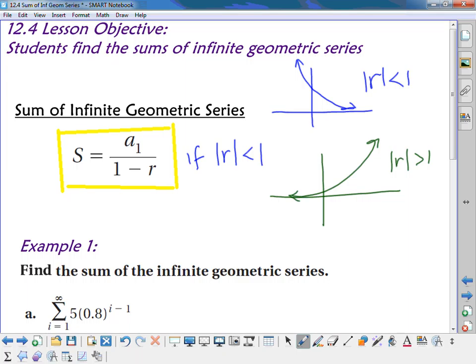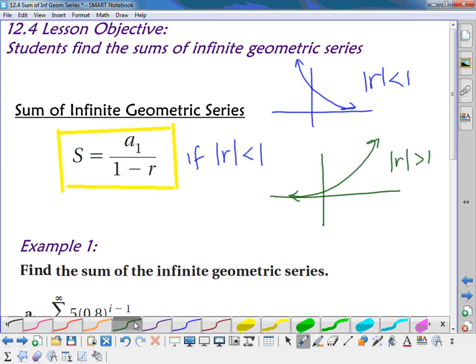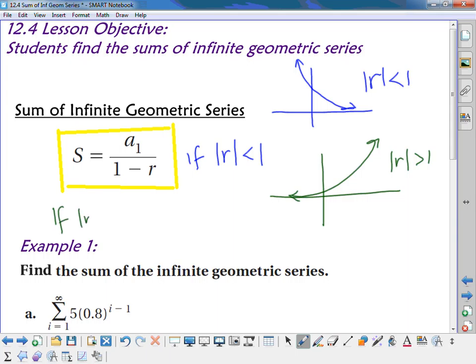If the absolute value of r is greater than 1 and it's going towards infinity, getting bigger and bigger, is it going to be approaching a specific number? No, it's just going towards infinity, right? So when that happens, that means there is no sum. So this formula only works if the absolute value of r is less than 1.